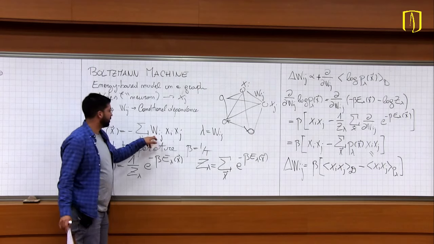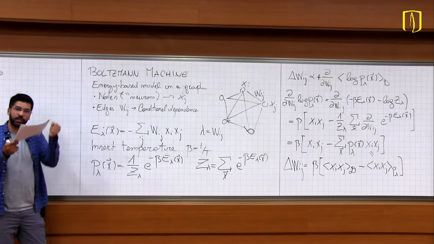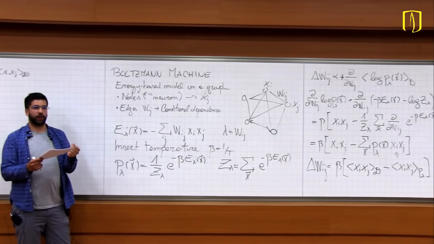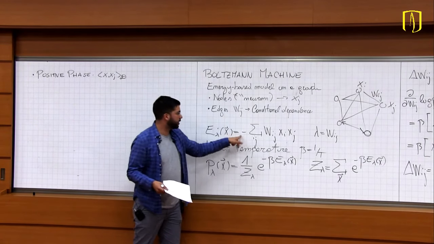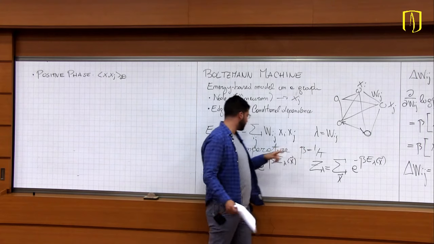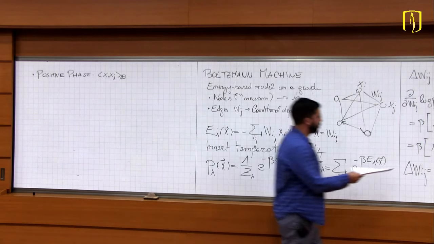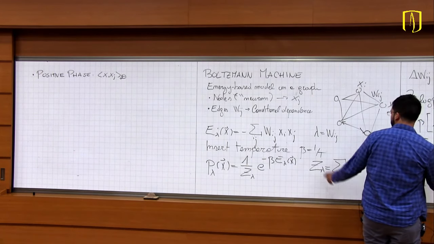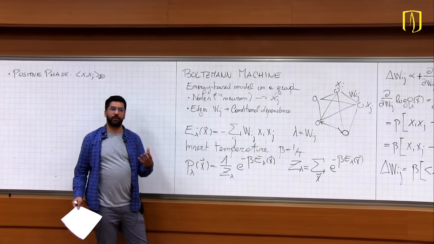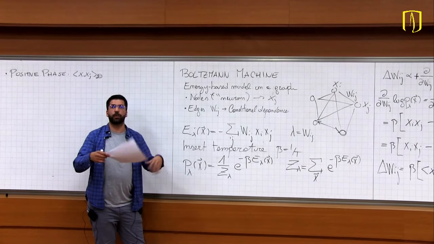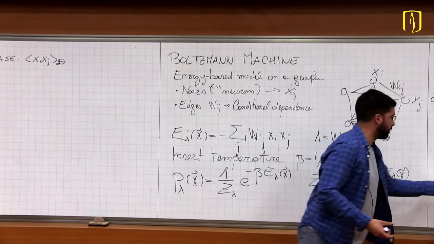If we increase the interaction and these are positive, we are effectively trying to decrease the energy for states that contain this type of feature, this type of correlation. And decreasing the energy means that we increase the probability. So the positive phase says, look, I want to change my energy and my probability so that the data points that are in the data set become more and more probable. Okay?